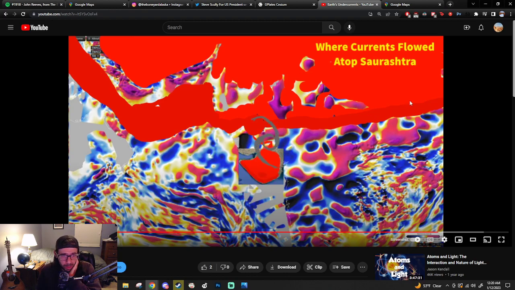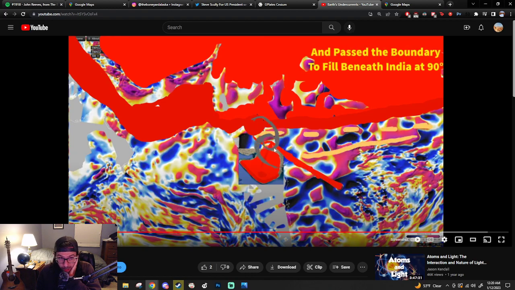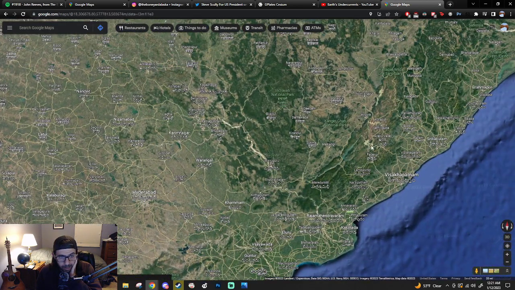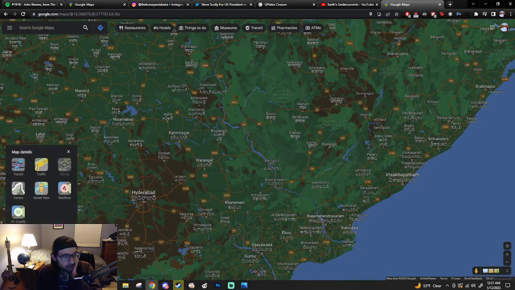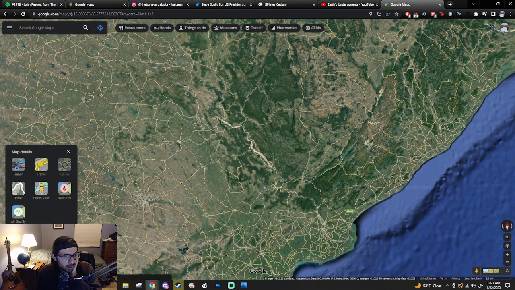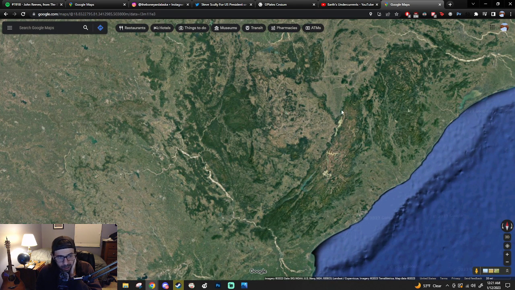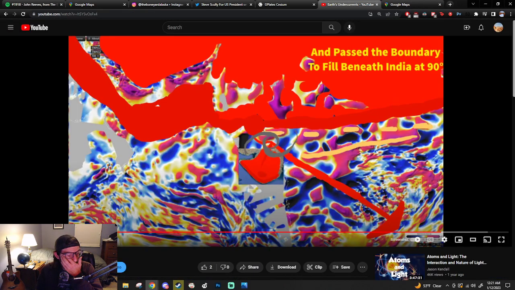Where currents flowed atop Sarastra again, so I just redrew it here. But then, importantly, and this is maybe a little bit of a mess up here, where I didn't make this clear. Because right here, this is going to become clear.